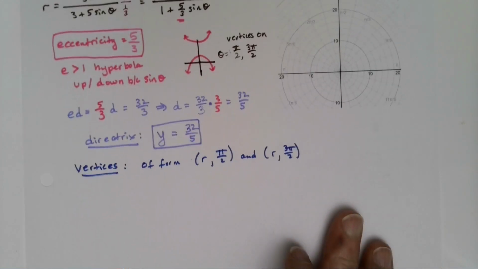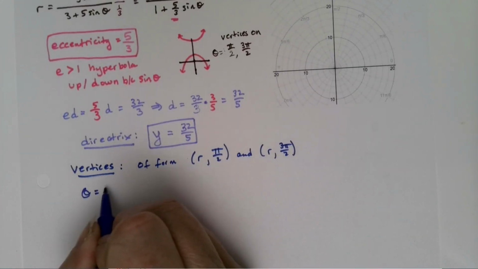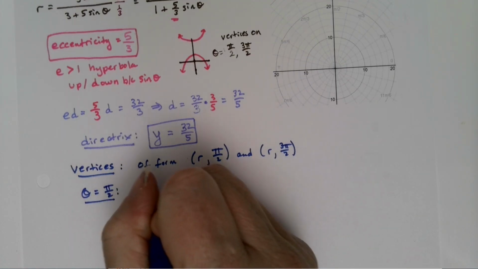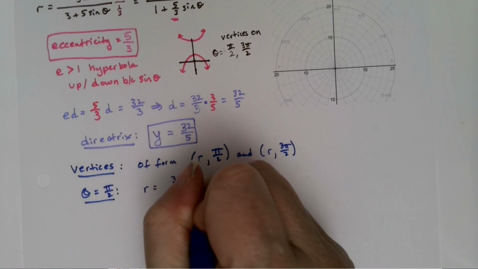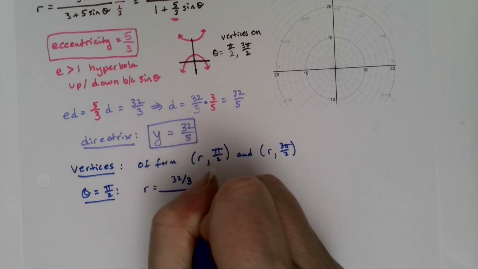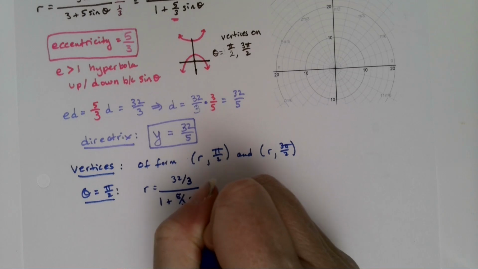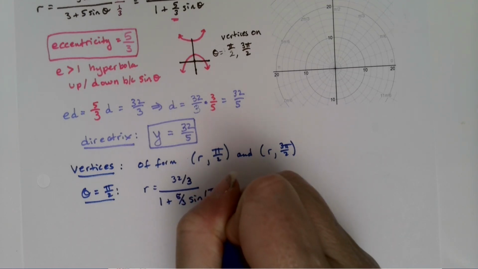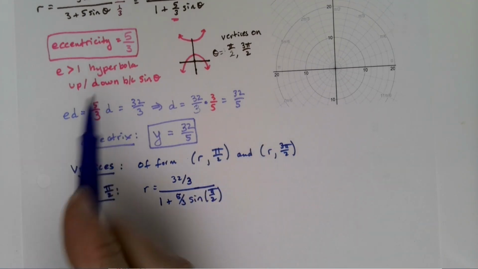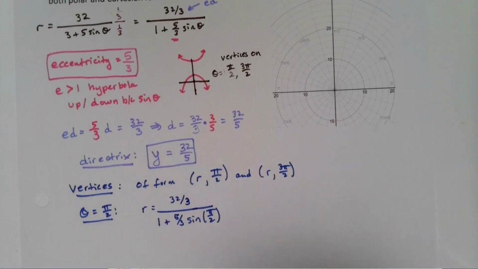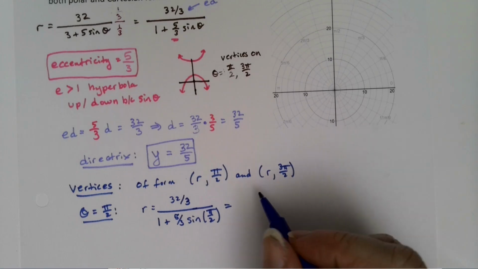It has to be. So let's look at theta equals pi over 2 for starters. That would make r equal to 32 over 3 over 1 plus 5/3 sine of pi over 2. Oh, I should say you could put it back into the original. You don't have to put it back into this modified version. I just did without thinking about it, but it's fine.